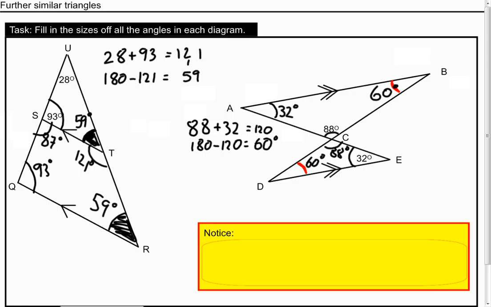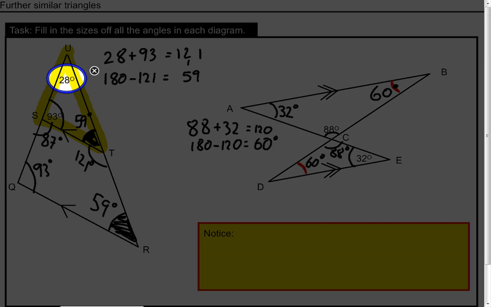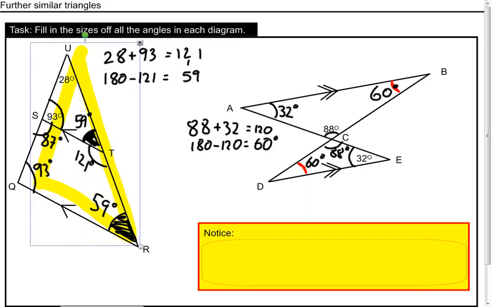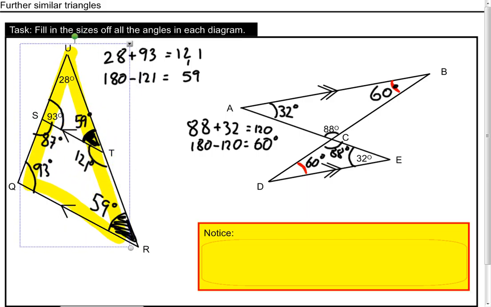The purpose of this exercise is to show you, looking at the first one, I have a triangle here with angles of 28, 93, and 59. And I've also got the bigger triangle.